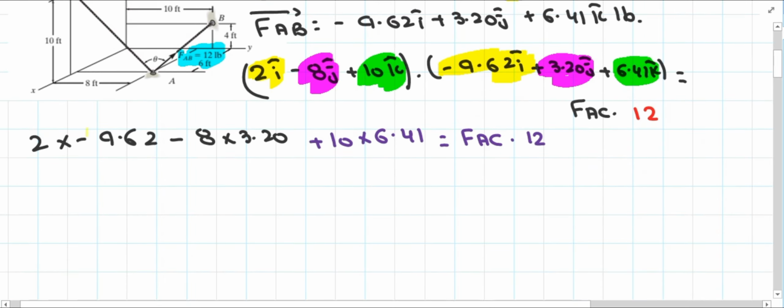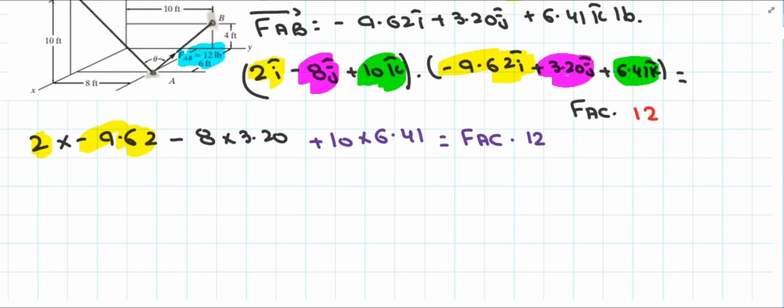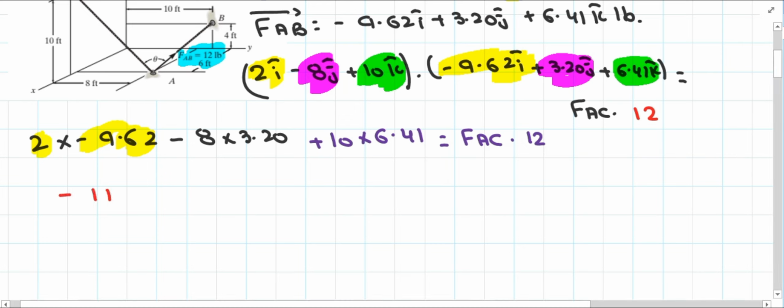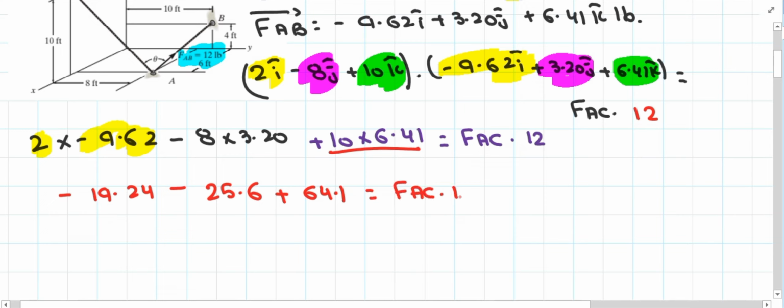Now 2 into negative 9.62 is negative 19.24. With negative 8 into 3.20, which is 25.6. With positive sign 64.1, because 10 into 6.41 is 64.1, which is equal to FAC times 12.